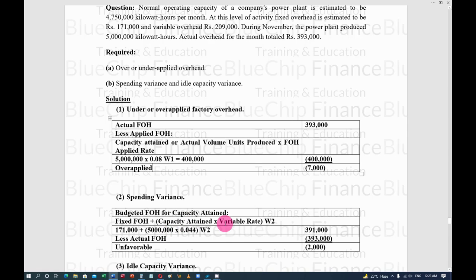Variable rate we already calculated, 0.044, capacity attained is 50 lakh kilowatt hours, and fixed FOH is 171,000. So 171,000 plus capacity attained multiplied by variable rate equals 391,000, less actual FOH. Actual FOH is given, 393,000, and the answer is minus 2,000, that is unfavorable.